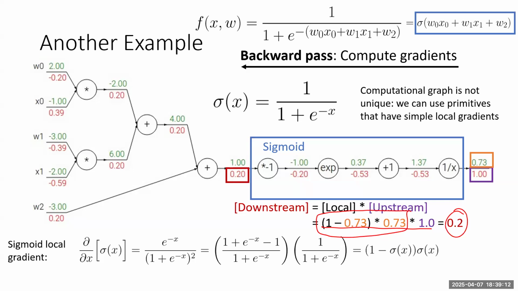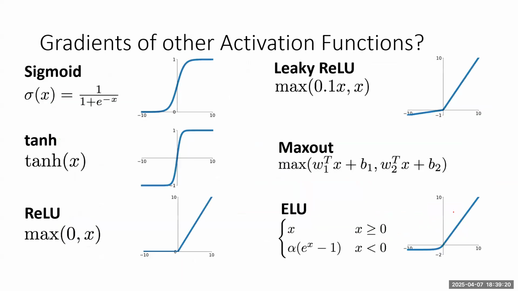So if the activation function is not differentiable, it will break this rule. All the functions that we introduced are differentiable, starting from the sigmoid, the hypertan, the ReLU, the leaky ReLU, the maxout, the ELU, all of them are differentiable. So we found the derivative of the sigmoid.